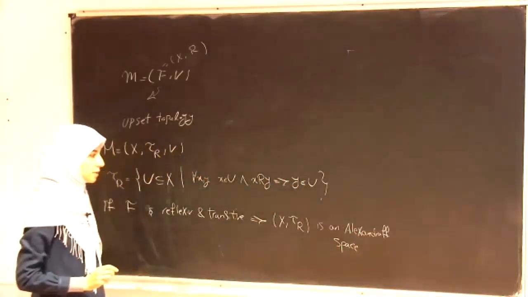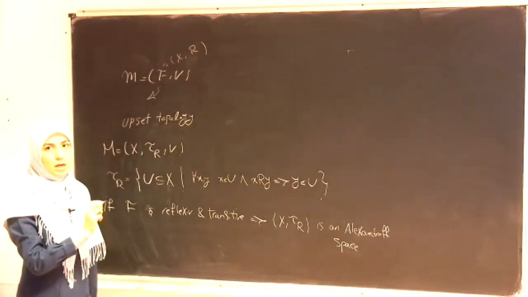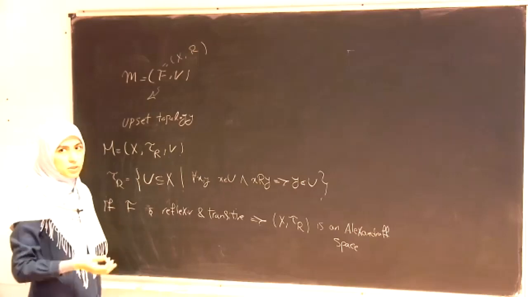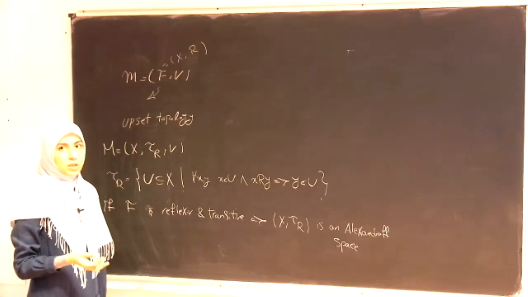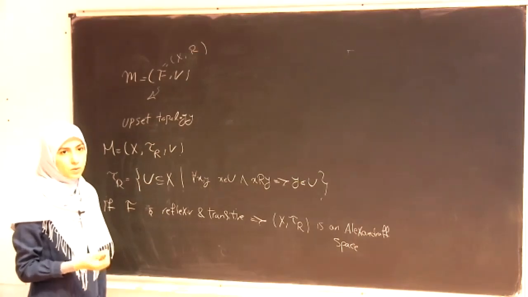An Alexandrov space is a topological space where the set of open sets is closed under arbitrary intersections. Or in other words, each point has a least open neighborhood.